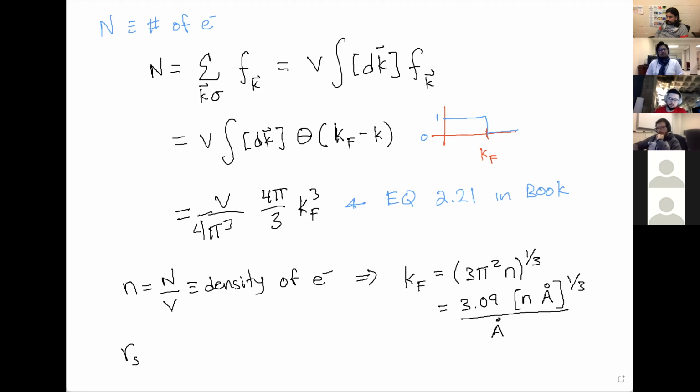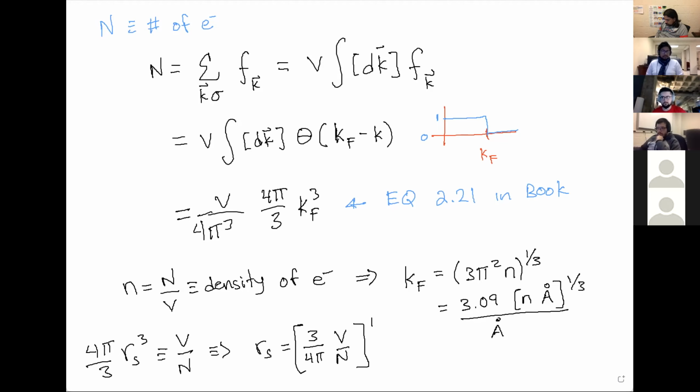So there's a sphere, and the volume of that sphere is given by 4 pi divided by 3 r_s cubed, which is equal to the volume over big N. And that means that we can rewrite this for r_s as the cubic root of 3 over 4 pi times volume over big N. So those are some of the parameters that you might see in the literature when they're talking about how many electrons are in the system, which is basically equivalent to how big a radius a sphere would have if it was a free electron gas of that system.